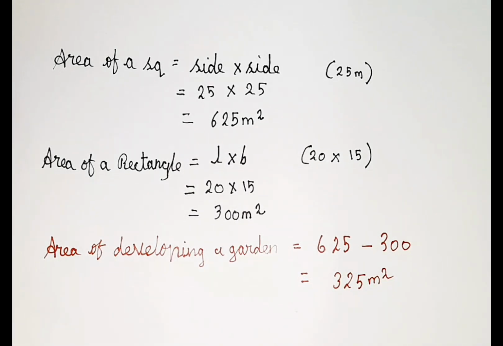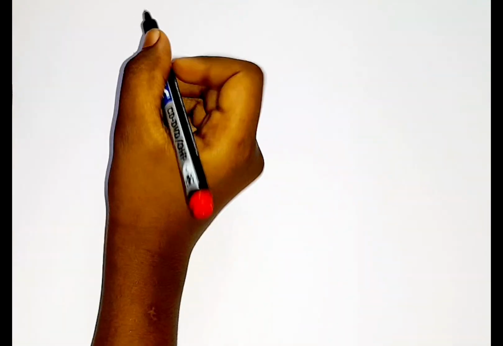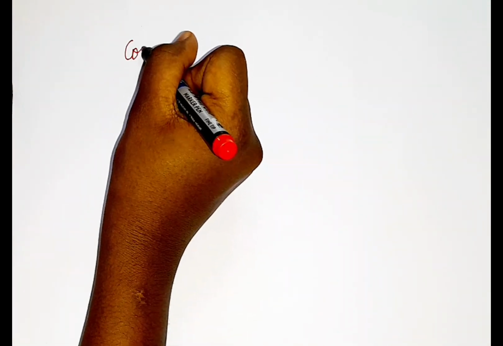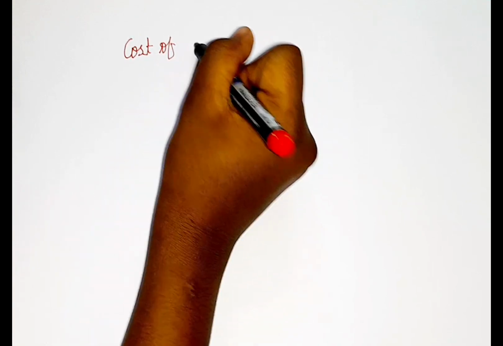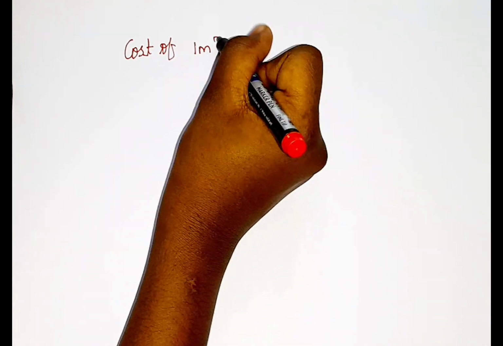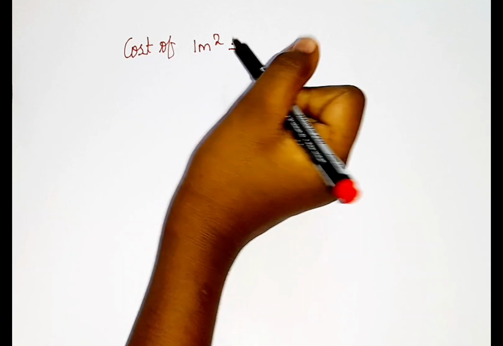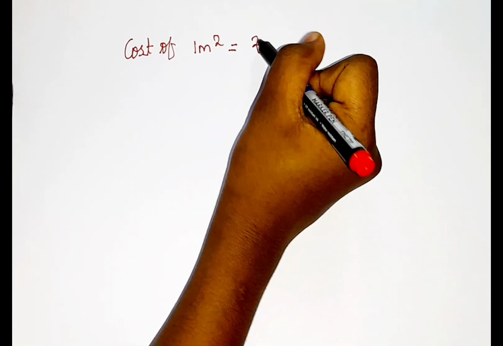So now we are going to find the cost. We found the area of developing the garden, but we should also find the cost, right? So now we are going to find the cost. So in the question they had mentioned cost of 1 meter square. 1 meter square is equal to rupees 55.